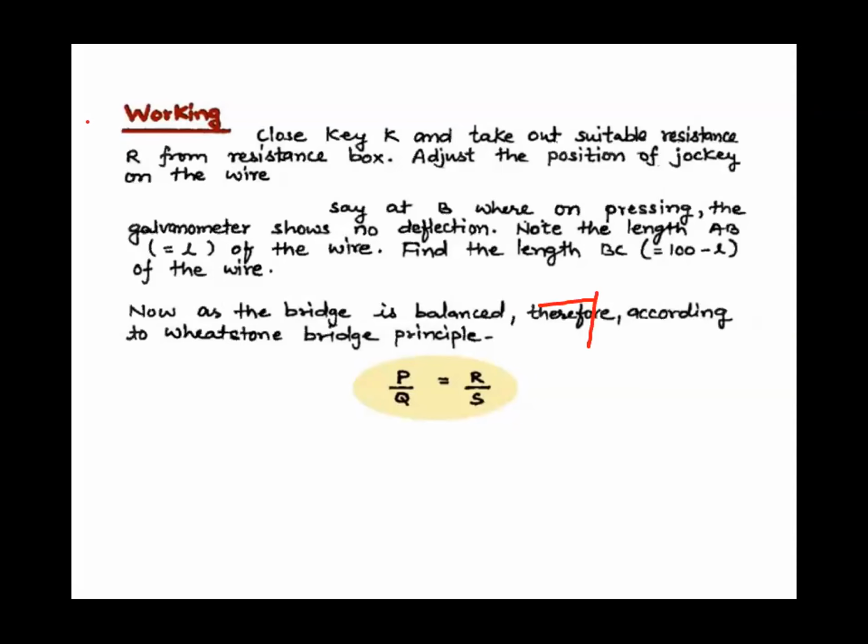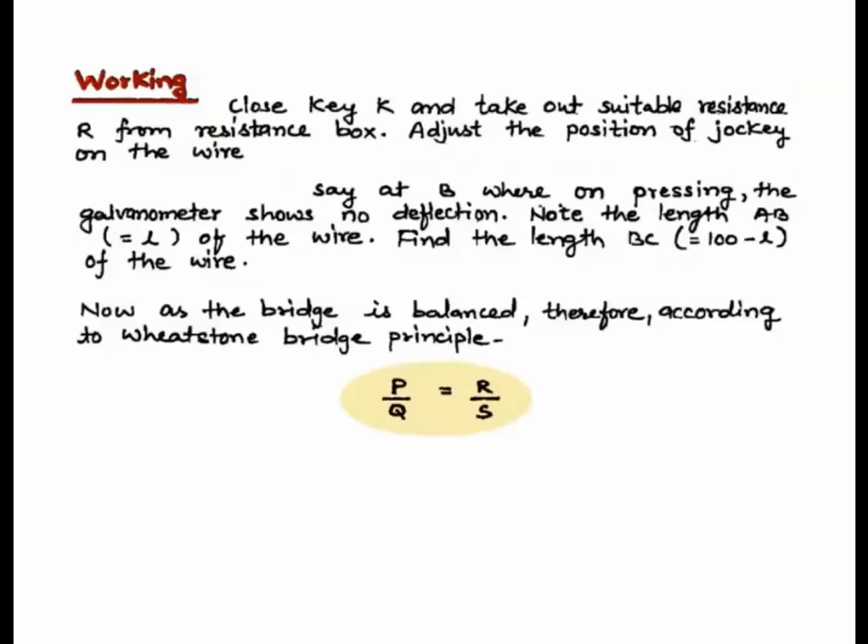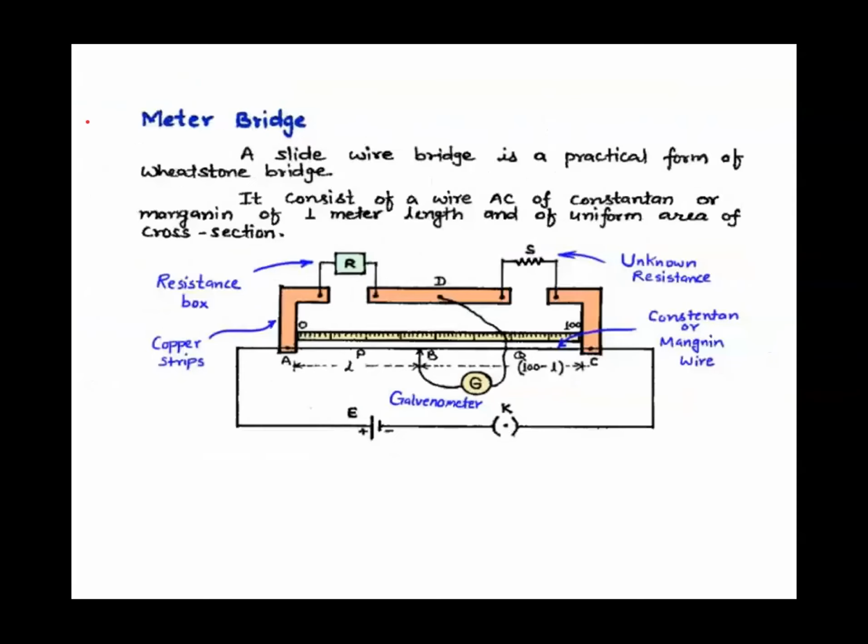So children, for working, let me show you the diagram once more. Here we are having one key, right children? So we will put the key on. We will insert the key.